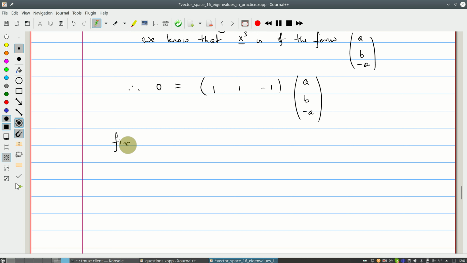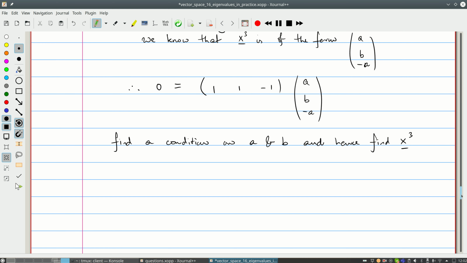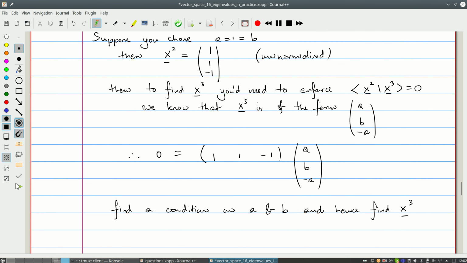Find a condition on a and b, and hence find x3, and then of course normalize it. This is your exercise, something which I want you to try.